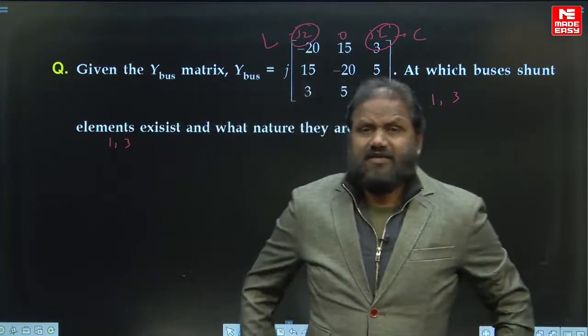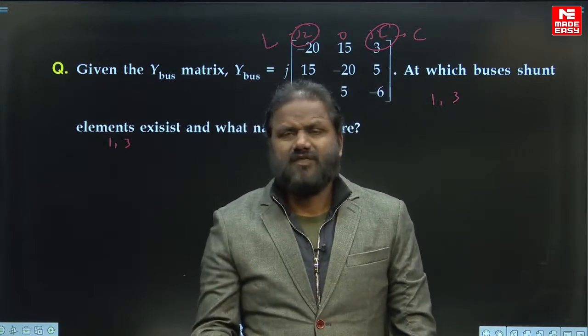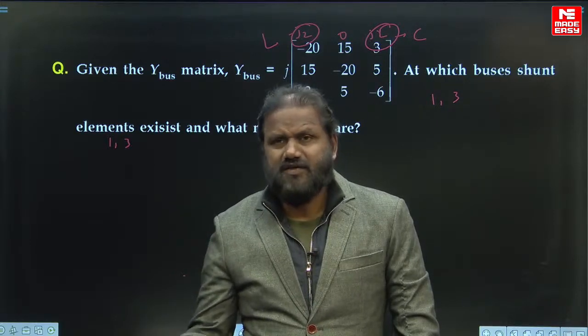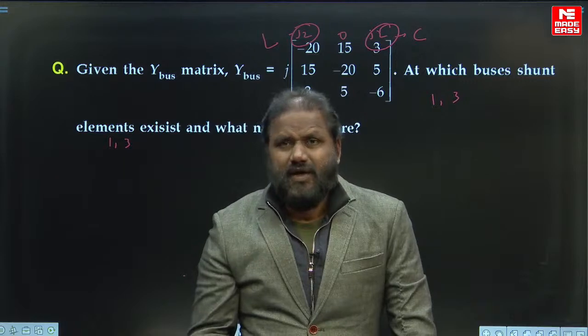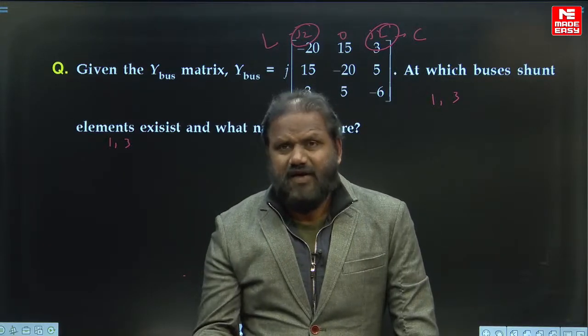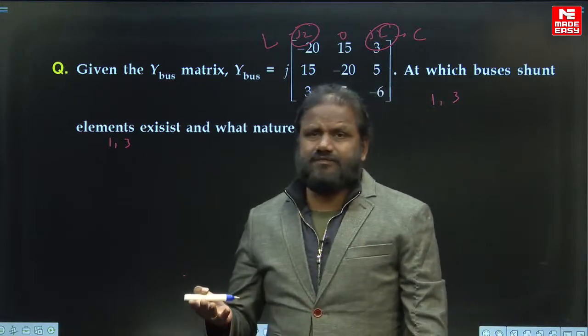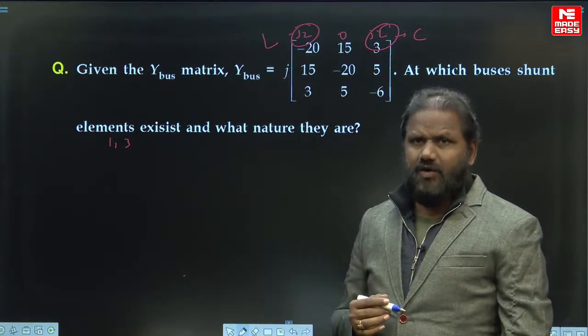In class, while teaching, I tell this. If the summation of the row or column is equal to 0, that means there is no remainder, that indicates there is no local load or shunt element. If the summation of the row or column is not equal to 0, the existence of the remainder indicates the existence of a shunt element or local load.